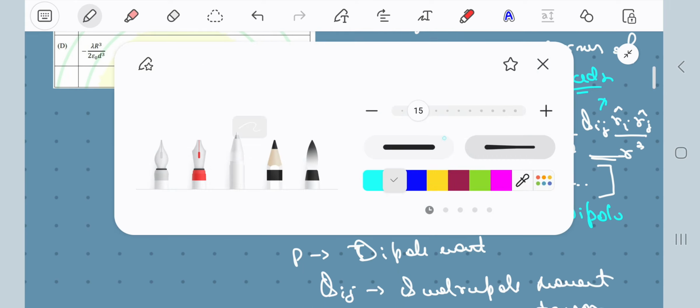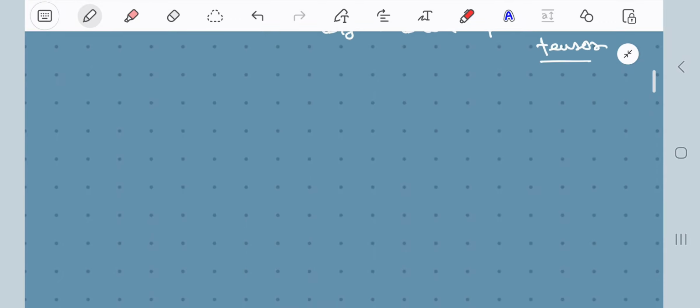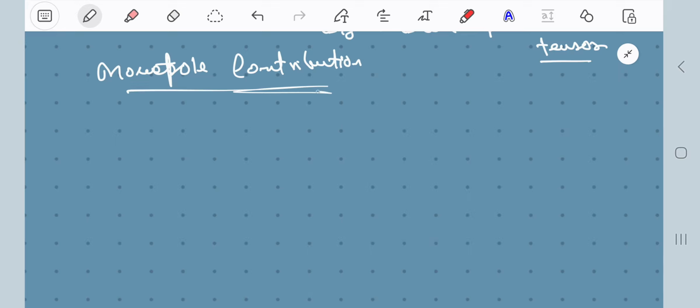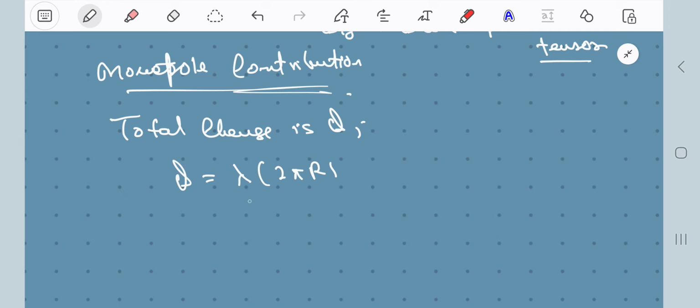Fine. Okay, now so what is the monopole contribution? Let us first check what is the monopole contribution. Okay, now total charge is q, and so q is basically lambda times 2 pi r because lambda is the linear charge density and the circumference is 2 pi r.